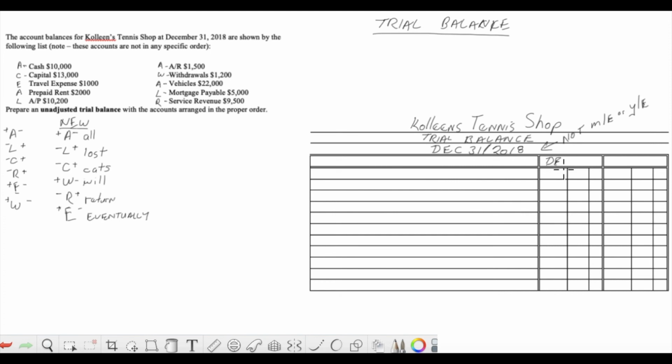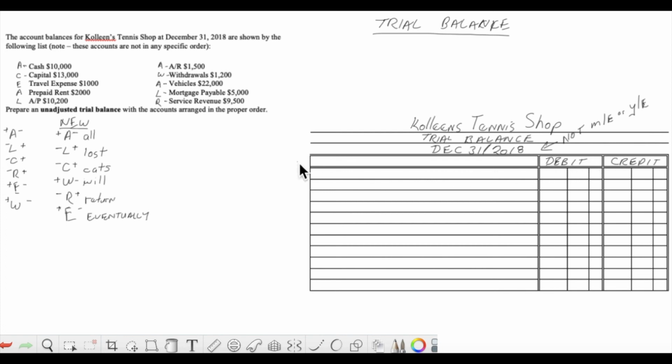Debit and credit. Left equals right. Remember that? Now, just like when we did a balance sheet, well, a trial balance is the same thing. We're basically confirming that left equals right, debits equal credits, before we create the actual official reports, right?